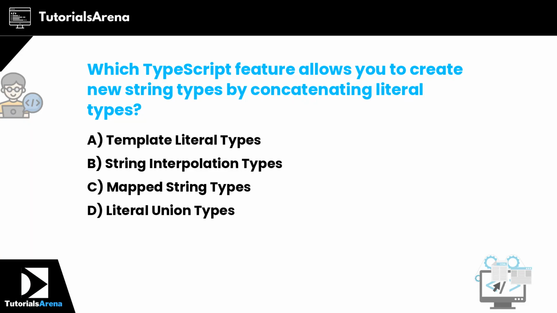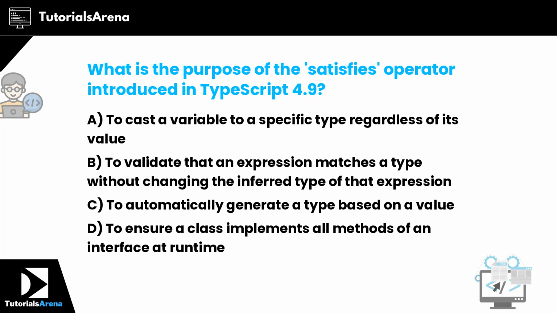Which TypeScript feature allows you to create new string types by concatenating literal types? The correct answer is option A, template literal types. What is the purpose of the satisfies operator introduced in TypeScript 4.9?